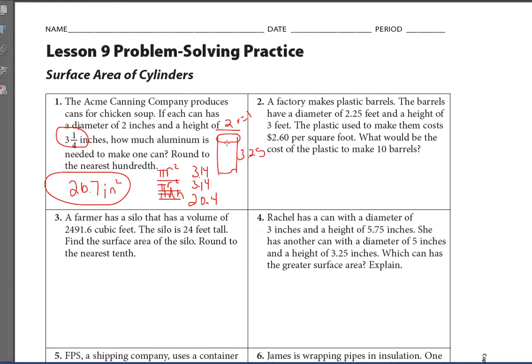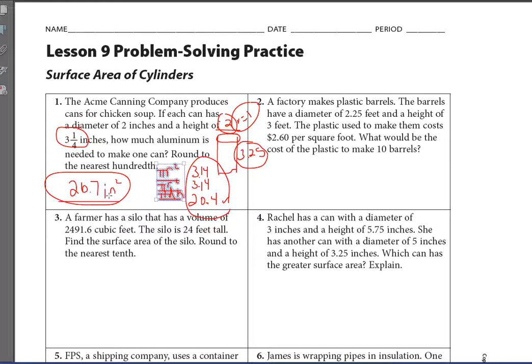Pi times the radius, in this case the radius is 1, 1 squared is 1, and 1 times pi is 3.14. Actually, if you were rounding it to the nearest hundredth, yes, it would still be 3.14. And then the pi dh would be pi times the diameter, which is 2, times the height, which is 3.25, and you get 20.4. And if you add those all up, you should get 26.7 square inches.